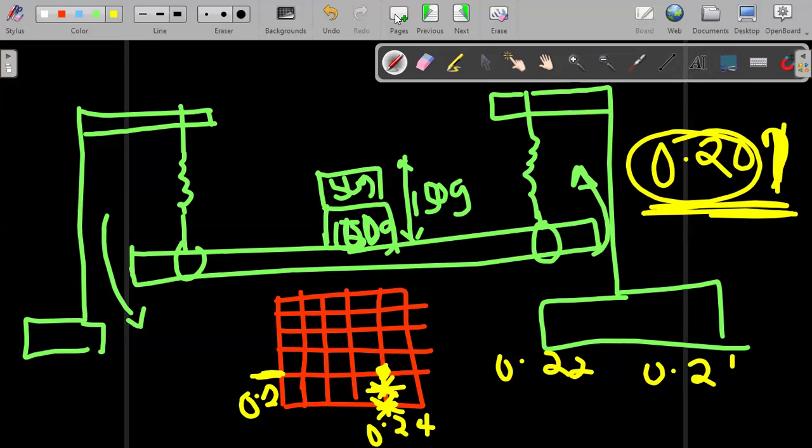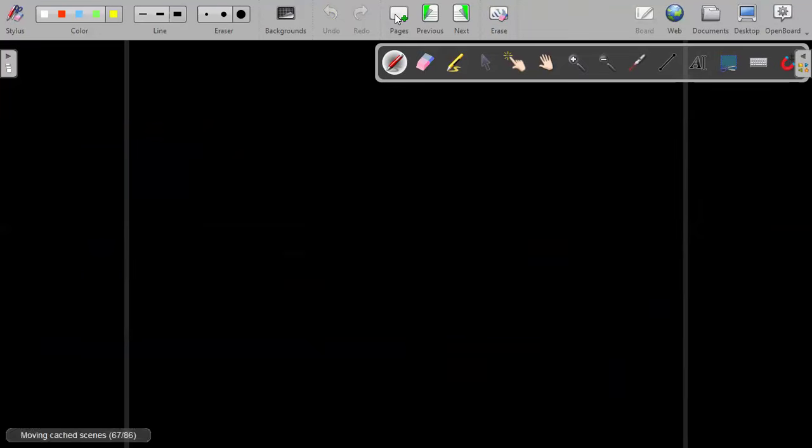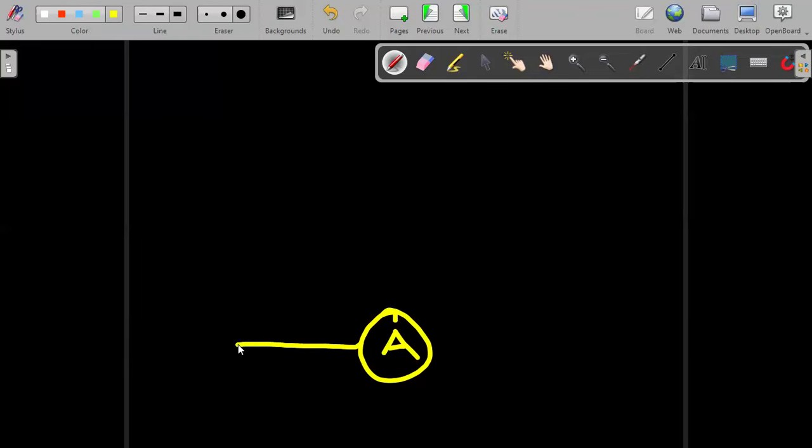So let me first of all draw the circuit diagram and input the experimental values. Let's see. So all the circuit is connected in series. So we have the ammeter here. Then you have your EMF, which is 1.5 volts.